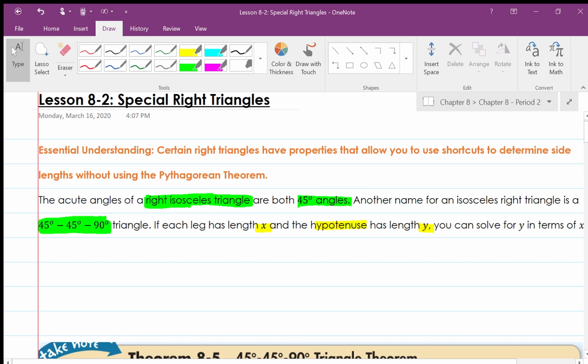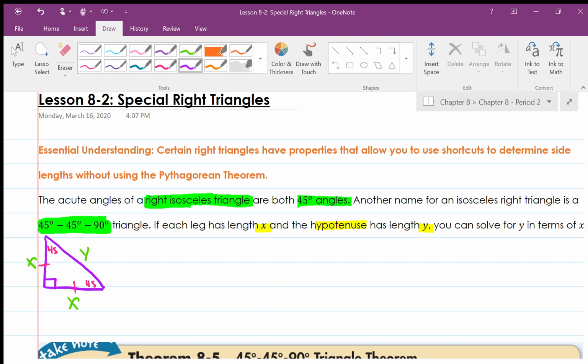Let me just show you so that this makes a little bit of sense. We're going to sketch an isosceles right triangle. It's isosceles, meaning that both of these angles are 45 degrees. The length of the hypotenuse is named y. If one of the legs is x, then the other leg is x because it's an isosceles triangle.